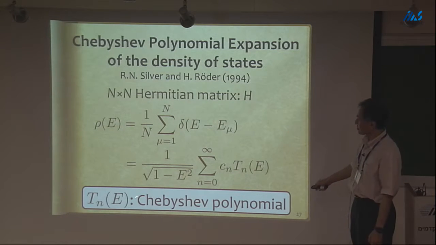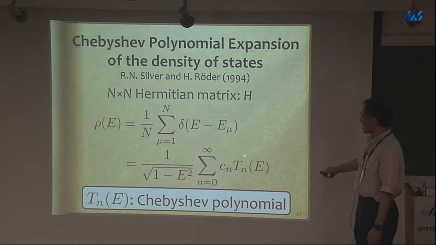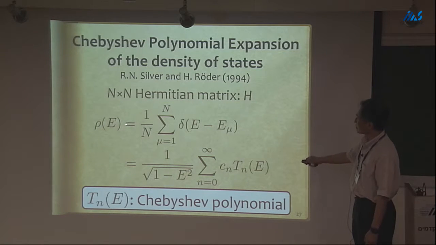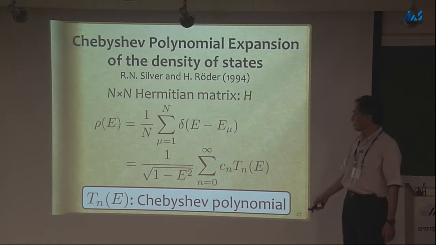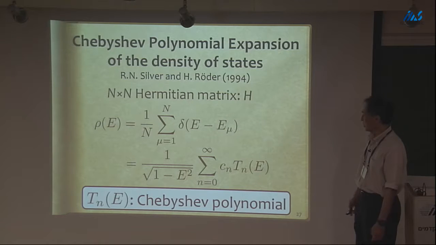And it turns out that the Chebyshev polynomial is the best choice. So this is a Chebyshev polynomial of all orders. And the point is, if we can find this expansion coefficient, then we can approximate this density of states quite well. Okay? So how can we find this expansion coefficient?